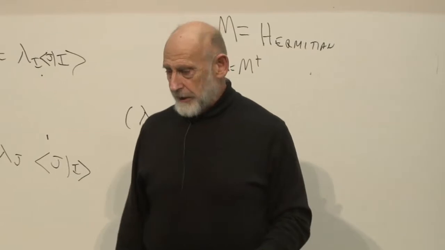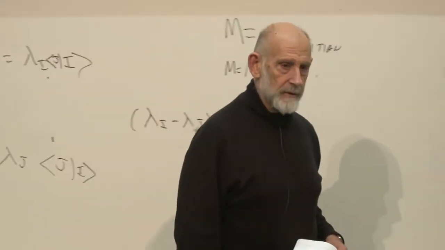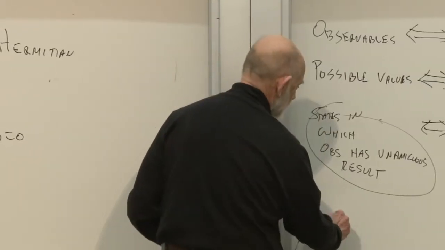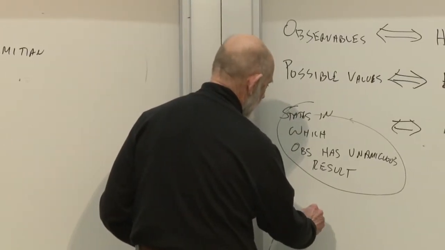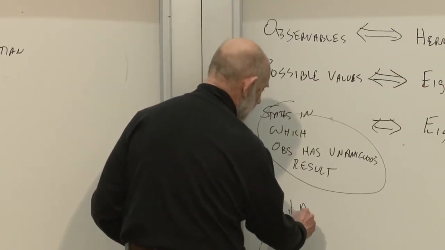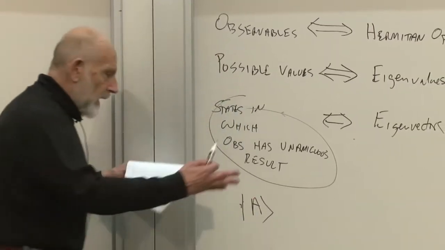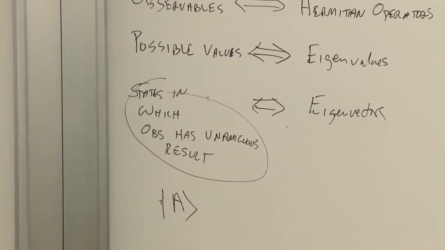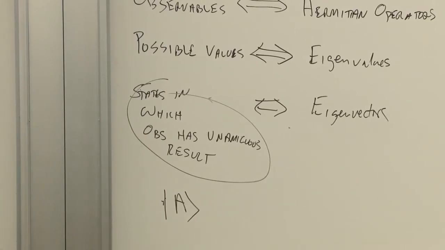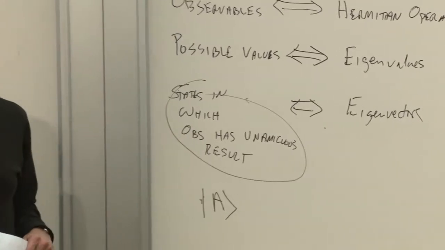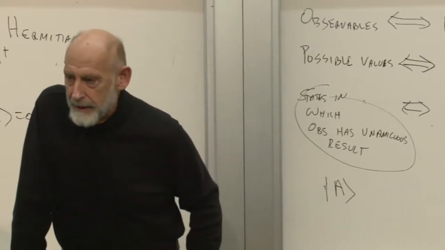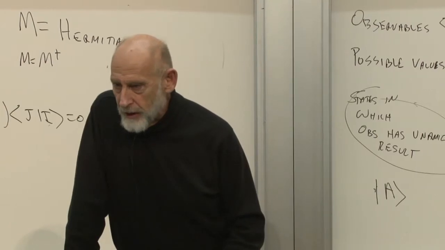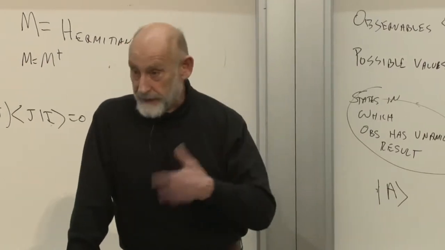Given a general state, not an eigenvector, given a general state A, somebody made an electron or a system of some sort and left it in the state A, then we can talk about the probability that we measure the eigenvalues of M at different values.